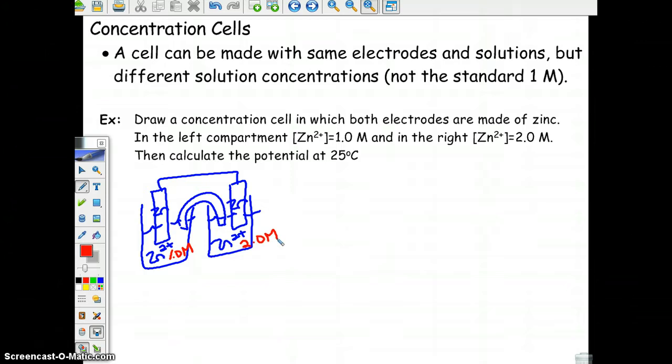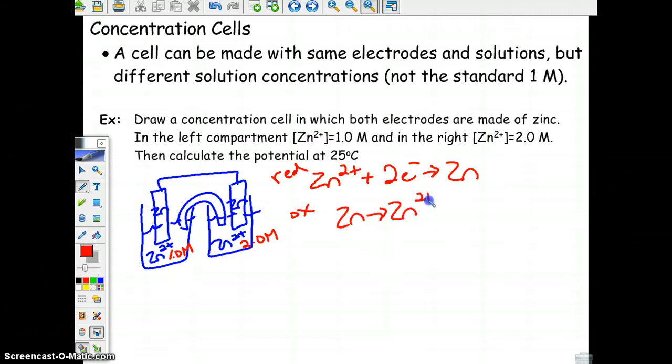And if you think about the 2 reactions we would have going on, all right, we have zinc being reduced, and we also have zinc being oxidized.